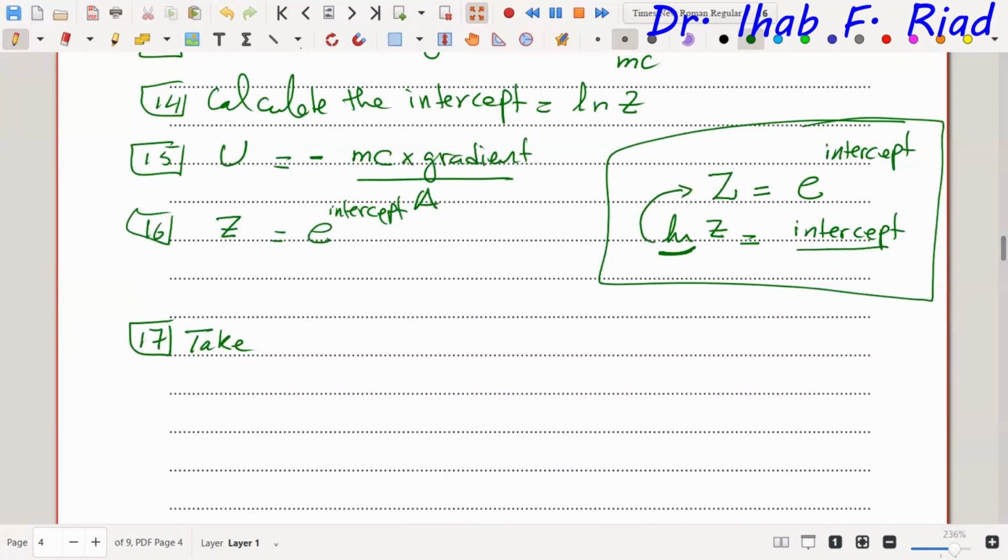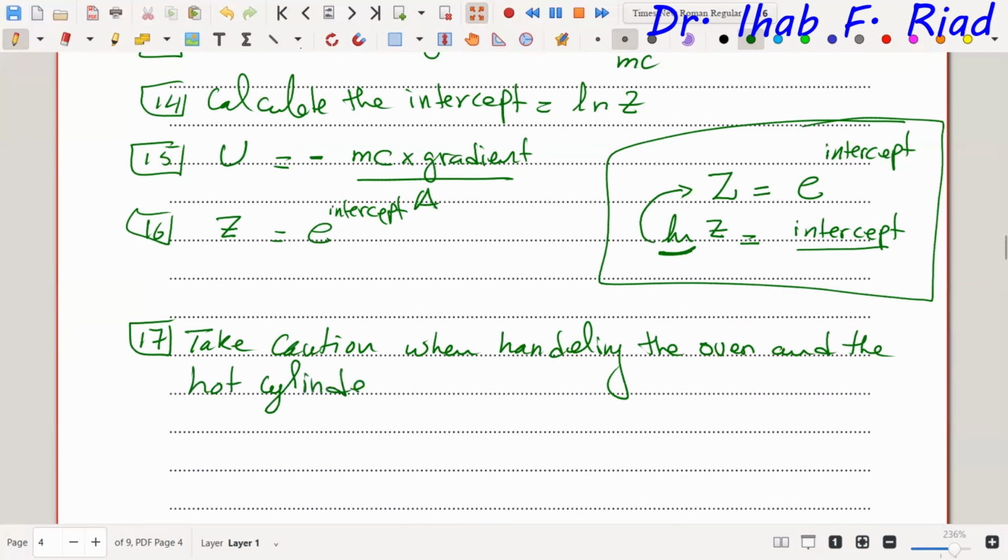Or just say take caution when handling the oven and the hot cylinder, right? You can say use gloves, whatsoever, as long as we tell him that he should be careful when handling the hot elements. Okay. Are we good? Yes. You have questions? No.